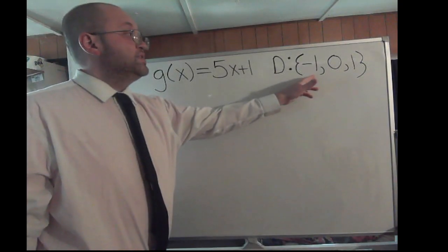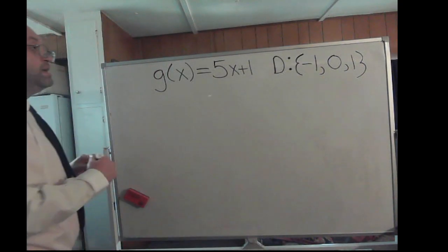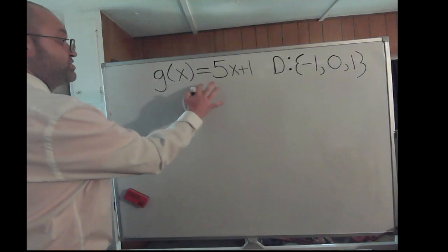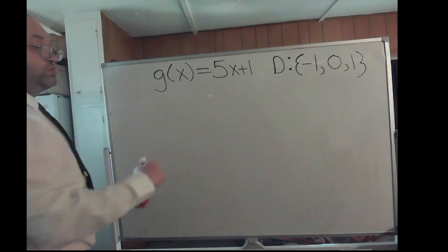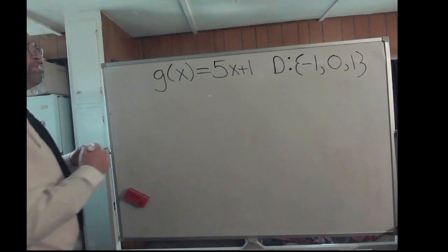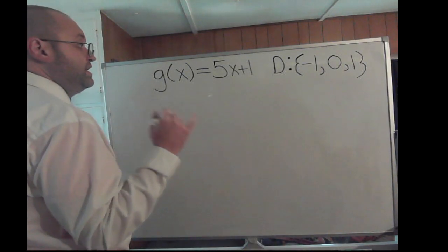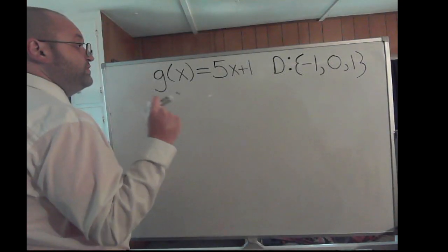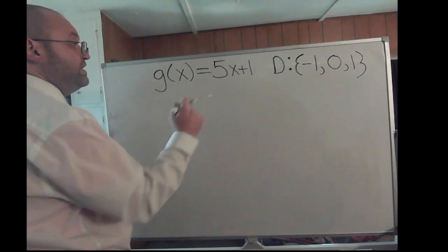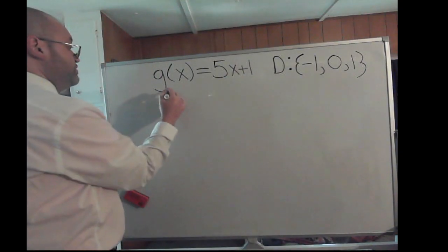They've restricted the domain to just -1, 0, and 1, so that's your domain. You're being tasked with finding the range of this function, which would be the y values, the outputs of it. In order to find the range, to find your outputs, you just put in each value of the domain into this function.